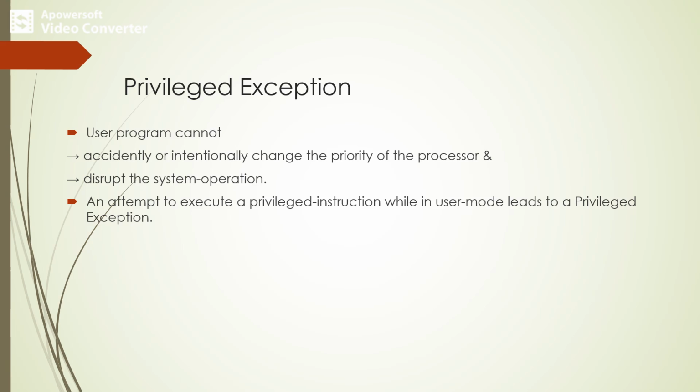The processor switches to user mode before beginning to execute an application program. This guarantees that a user program cannot change the priority of the processor, either accidentally or intentionally, and disrupt the system operation.